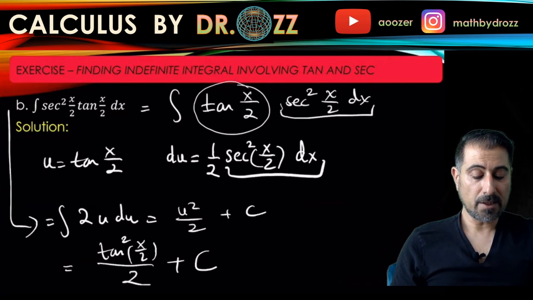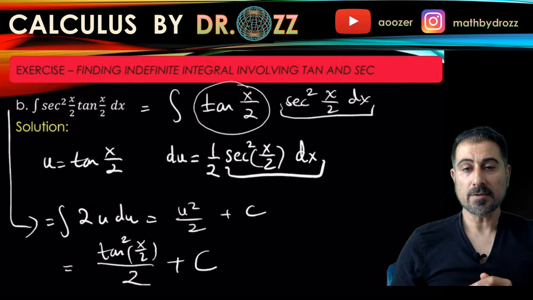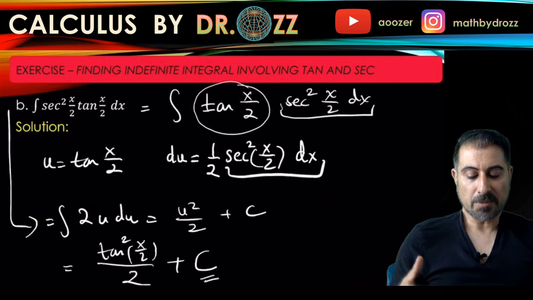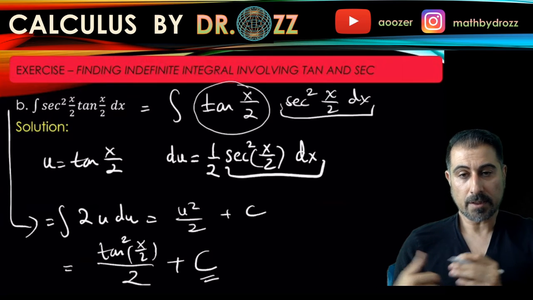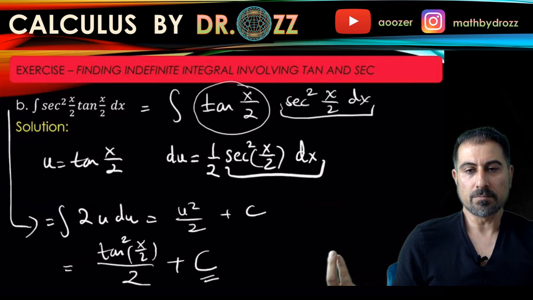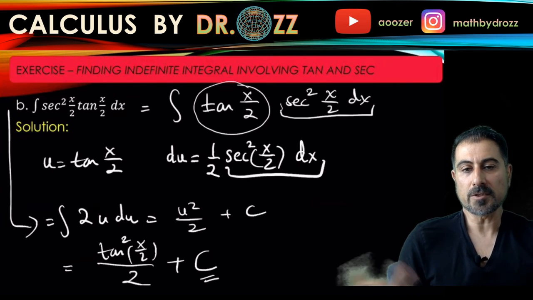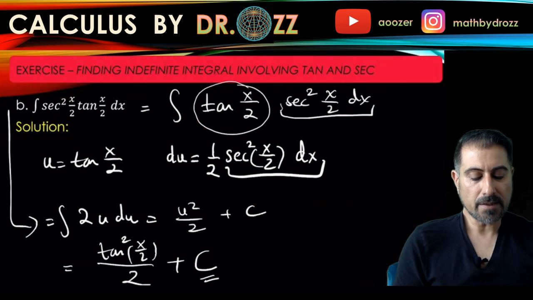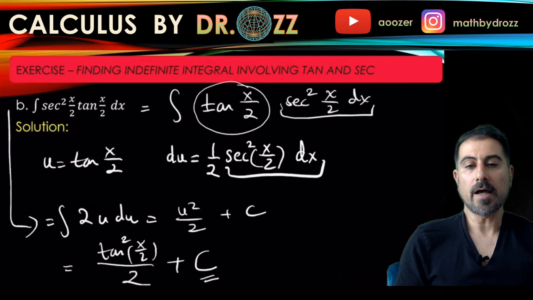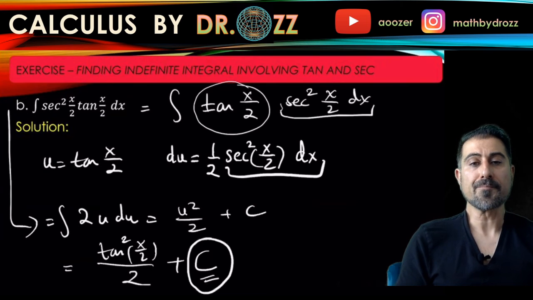And that c here is an arbitrary constant. So the difference between my final result here and the other final result I just mentioned is just a constant. And that is hidden in the integrating constant c, okay?